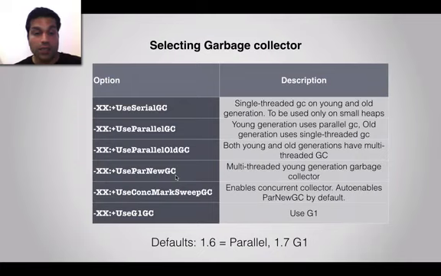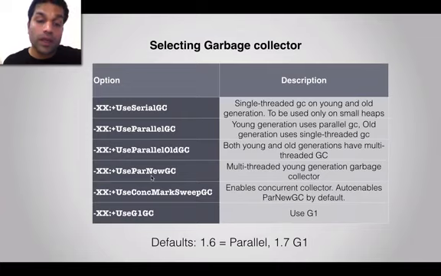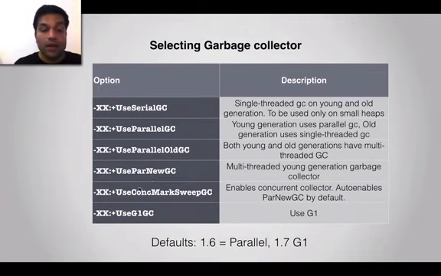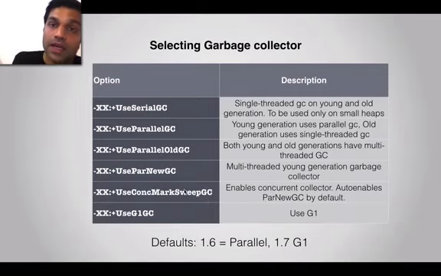Now UseParNewGC is another flag, which will be used only on the young generation, as the name says, new GC. The new means young generation. So if you want to use multi-threaded GC only in the young generation, you would use ParNewGC. And then UseConcMarkSweepGC. This is the concurrent garbage collector, as I said, which is the low latency garbage collector.